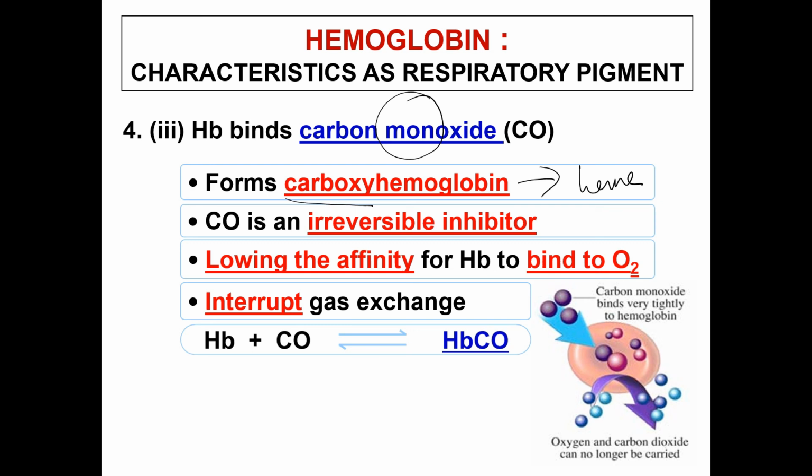So they are actually inhibitor. Inhibitor maksudnya perencat. Jadi perencat apa ni? Bersaing ke tak bersaing? So the presence of monoxide will lower the affinity for hemoglobin to bind to oxygen. Why? Because they are inhibitor. So it will interrupt the gas exchange.